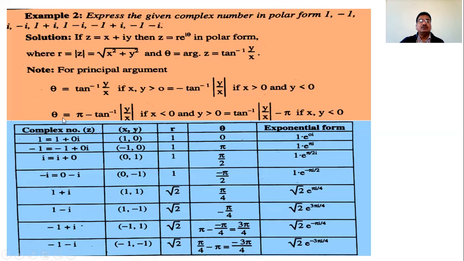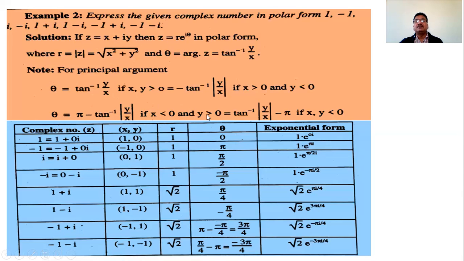Use the formula for when x is negative and y is positive. Theta is pi minus tan inverse of y by x. Here y is actually 0, but the condition is y greater than or equal to 0. Y is not negative, x is negative.